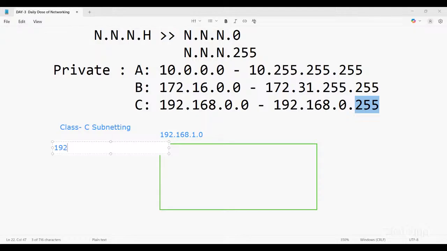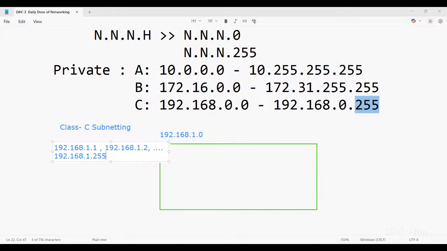My first IP was 192.168.1.1 and the next IP was 192.168.1.2, similarly 1.3, and it goes on like that, up to 192.168.1.255.